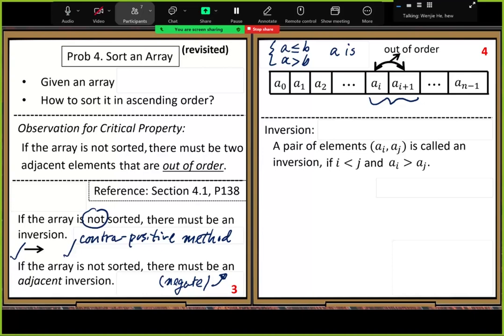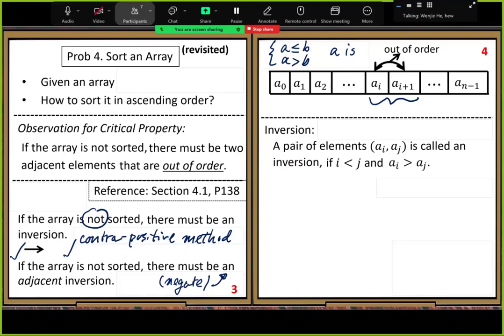So if the array has no adjacent inversion, then the array must be sorted, must be ordered. Okay? In the contrapositive, we are not assuming the original; we assume the negation. Yes, we assume that.